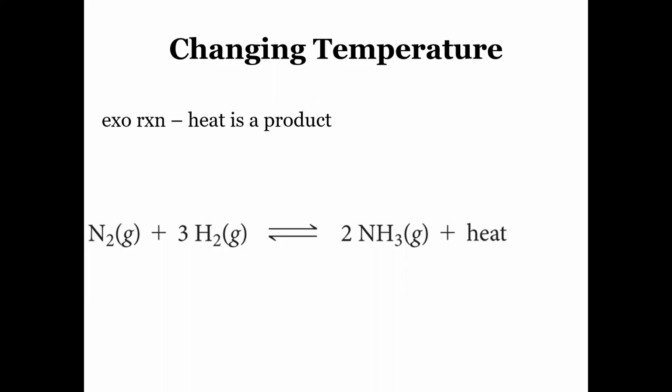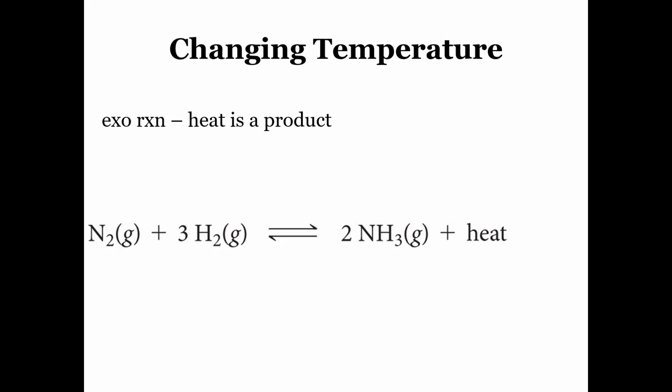All right, so let's look at what happens when we're changing temperature instead of concentration or amount. And with temperature, you have to pay attention to what side of the reaction the heat is being added to. So if we have an exothermic reaction, heat is going to be a product because it is producing heat.